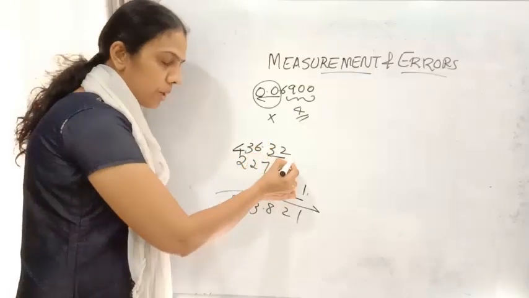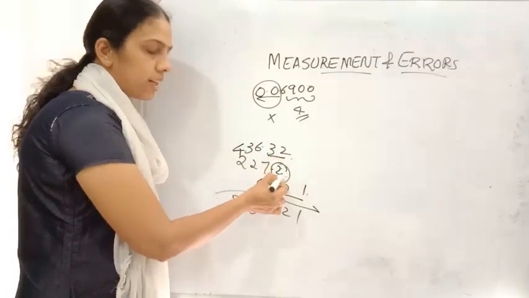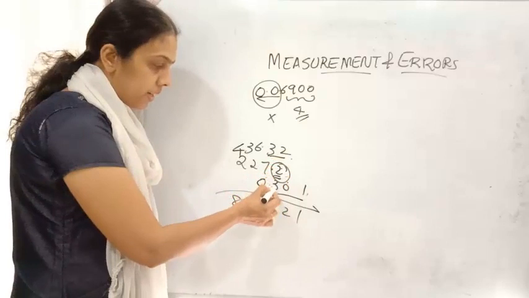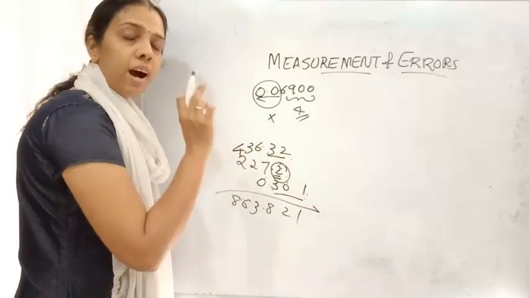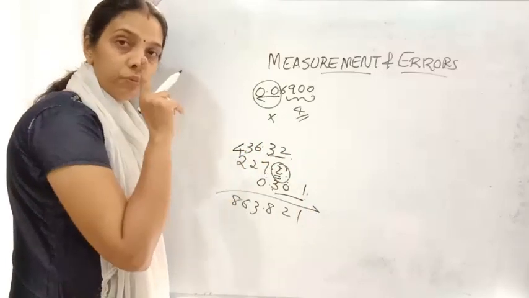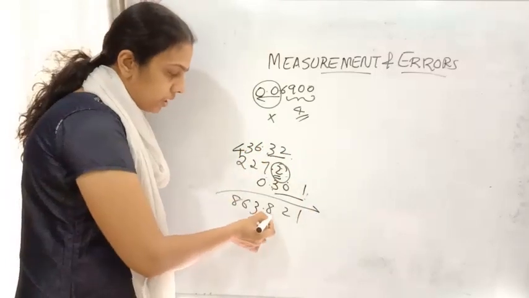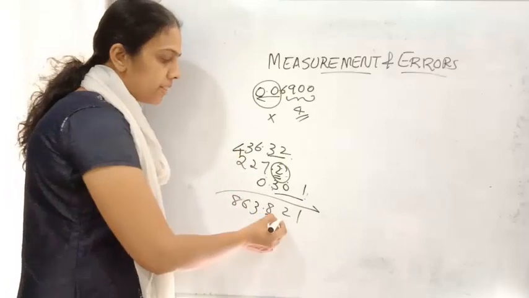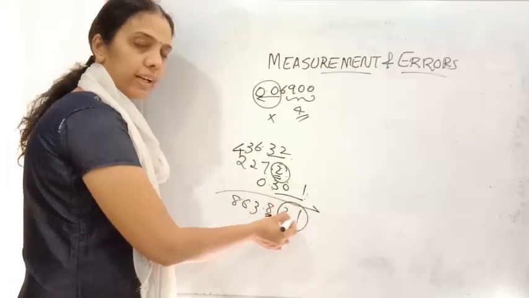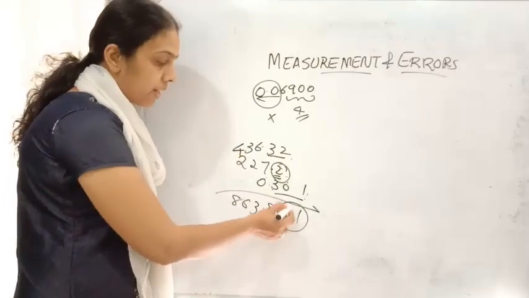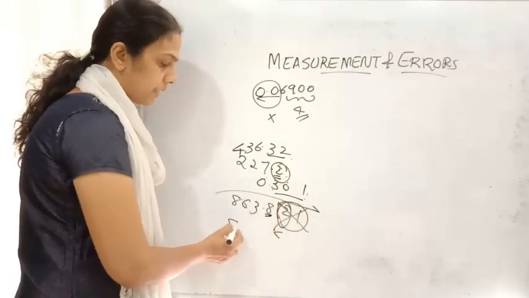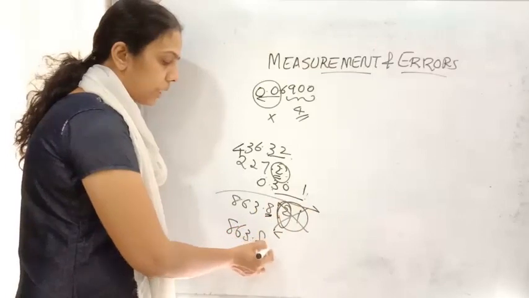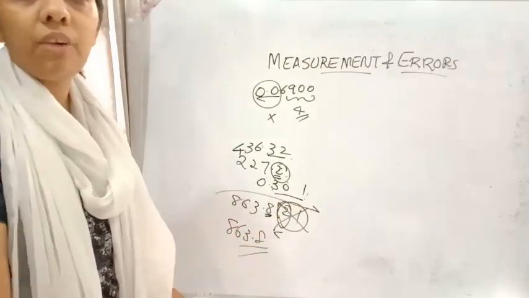Here 2 numbers are there after the decimal point, here 1 number, here 3 numbers. So in the final answer only 1 number should exist after the decimal point. We should consider till here, and check whether the next digit is greater than 5 or less than 5. The number 2 is less than 5, so we can omit it and we get the answer as 863.8. This will be the final answer.